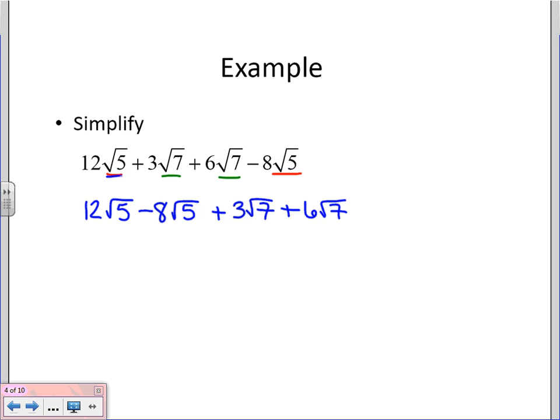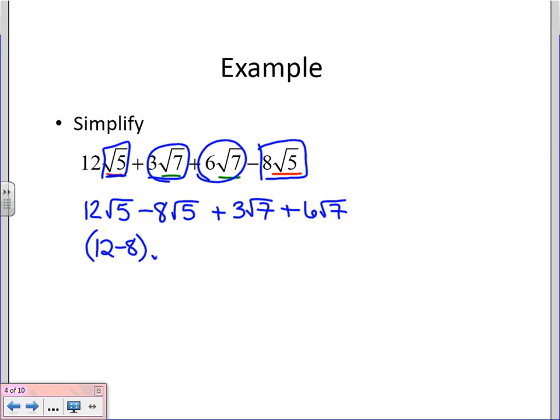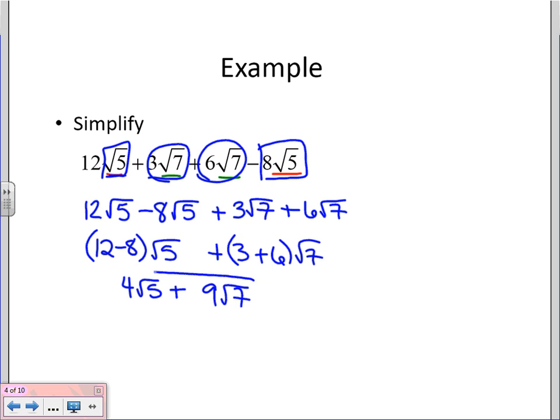All I did was move the square root of 5 with this square root of 5, and then these square root of 7s together with the other square root of 7. Now we're going to add our like terms. So 12 minus 8 square root 5 plus 3 plus 6 square root 7. 12 minus 8 is 4 square root 5 plus 3 plus 6 is 9 square root 7.